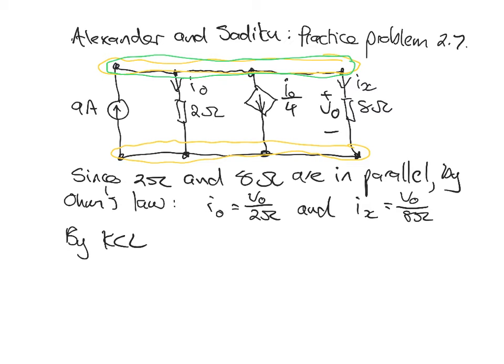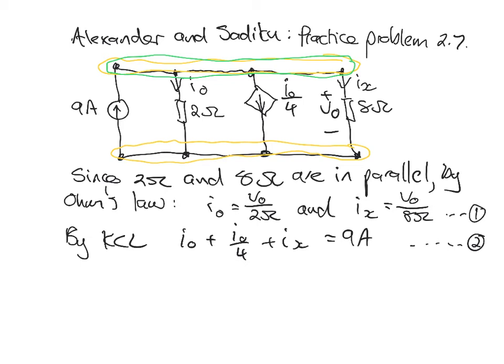So in this node we can see we've got 9 amps flowing in, and we've got I_O plus I_O over 4 plus I_X equal to 9 amps. And we've written I_O and I_X in terms of V_O. So now we see by putting 1 into 2, we can end up with an equation with only one unknown.